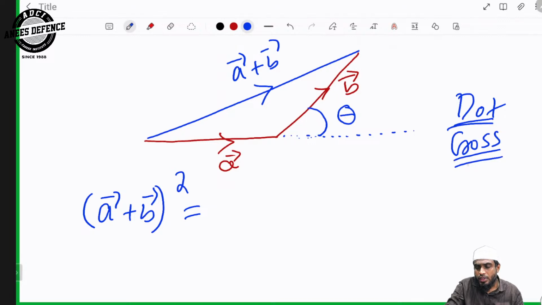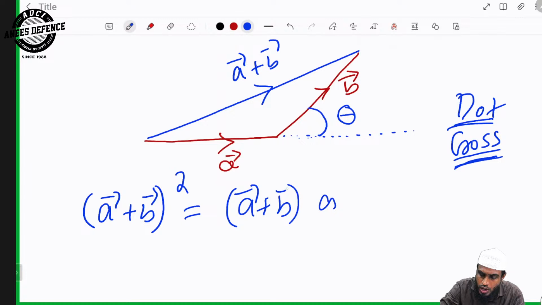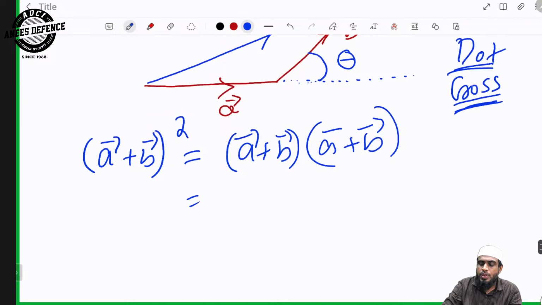Dot product and cross product. So A plus B the whole square means A plus B into A plus B. So when you are multiplying A plus B into A plus B, we have to consider the concept of dot product.